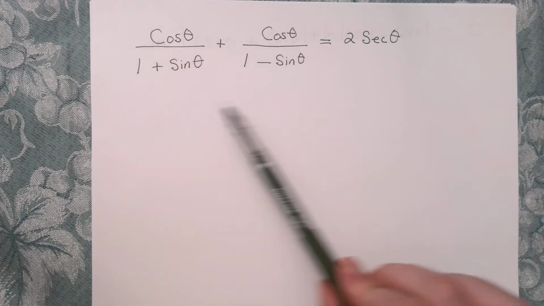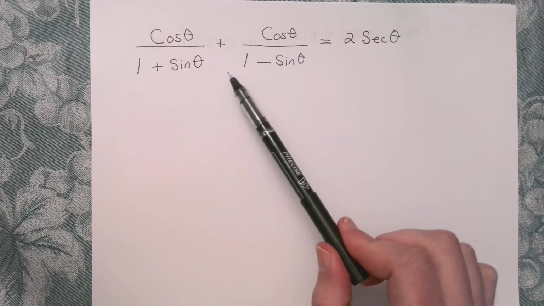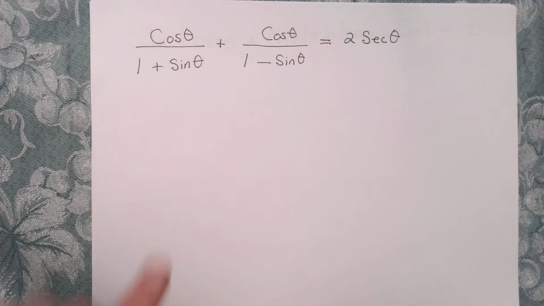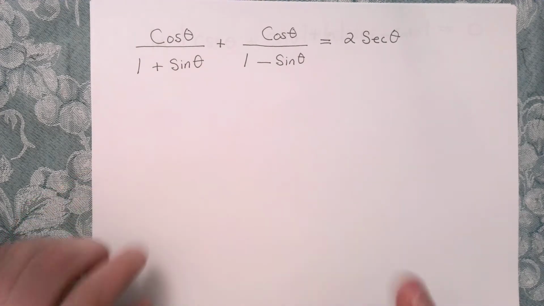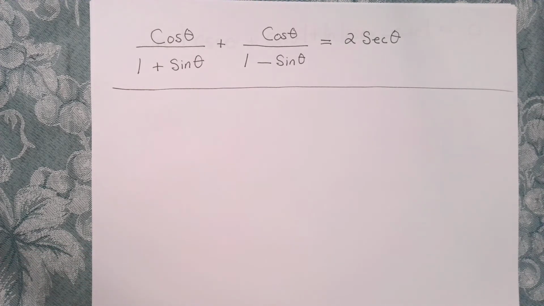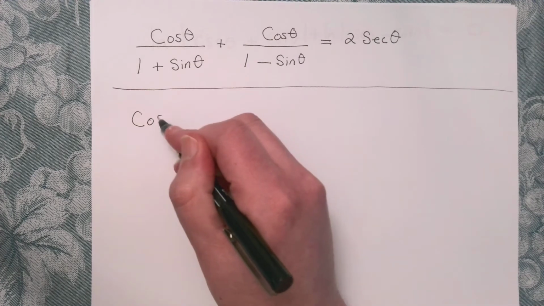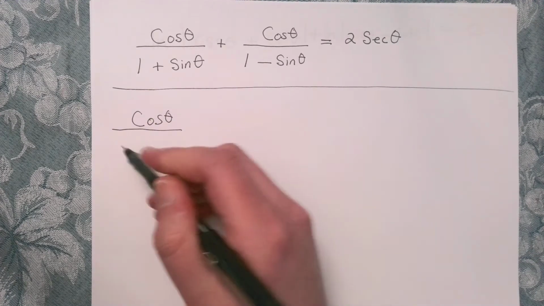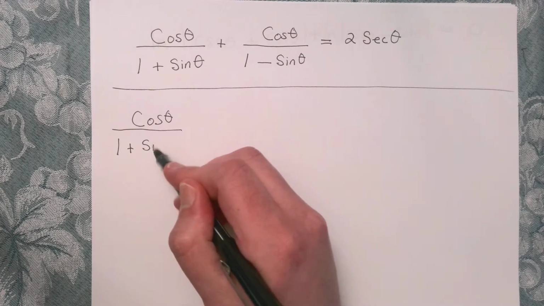Okay, so I want to transition from a statement about the sum of fractions into a statement about secants. So let's work with the more complicated side and see if we can reduce it down to a statement about secants. When it comes to adding or subtracting fractions, you probably want to at least consider getting common denominators.